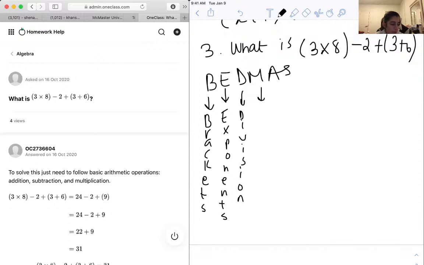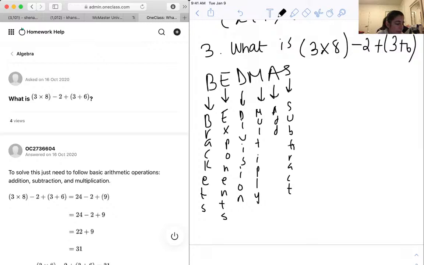M stands for multiplication. A is addition, or you add, and S is subtraction, or subtract. Okay.